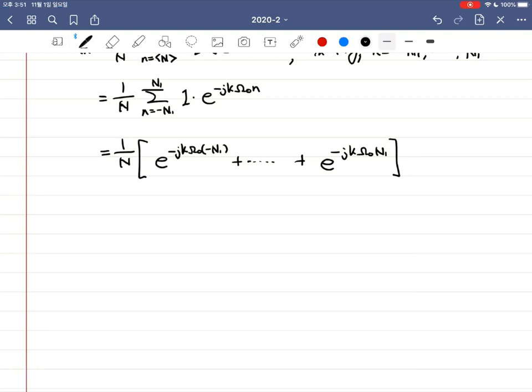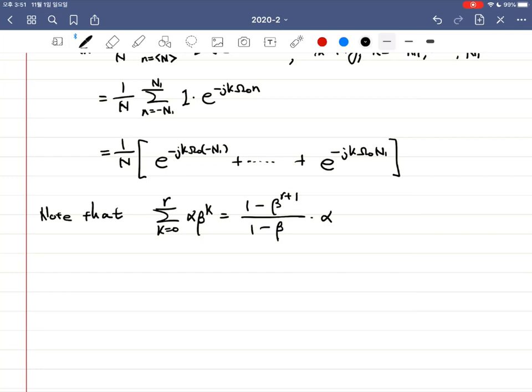And I'm going to use the formula that I introduced earlier, which is the summation from k being 0 to r of alpha times beta to the k equals alpha times 1 minus beta to the r plus 1 over 1 minus beta.